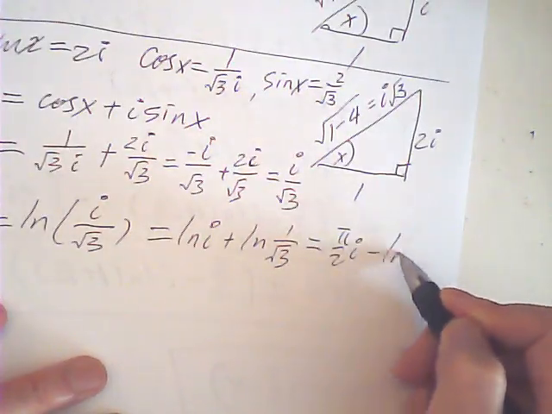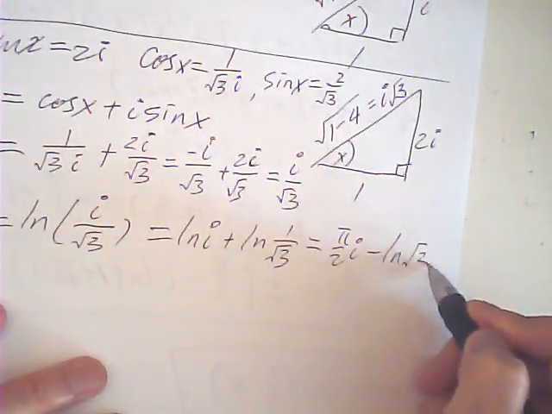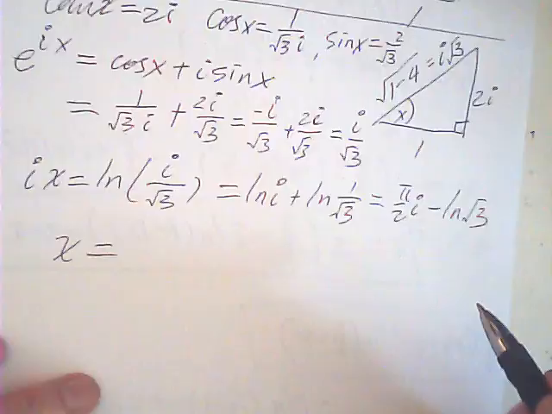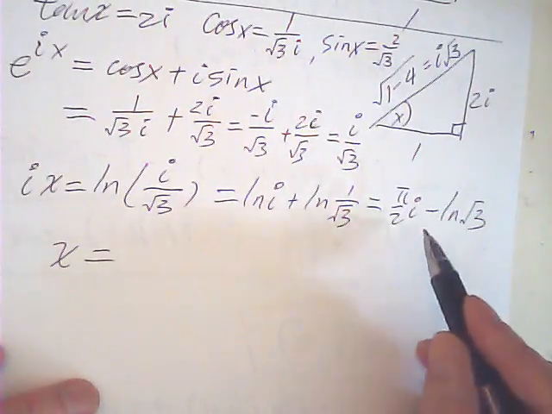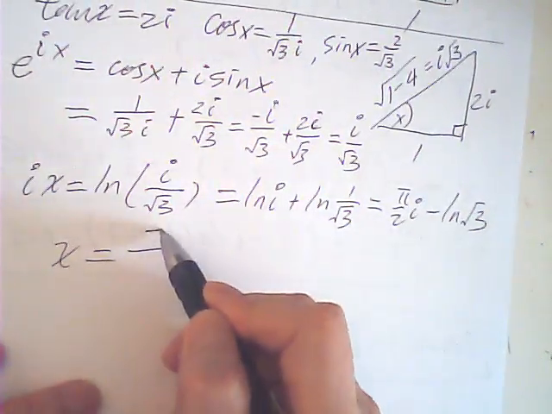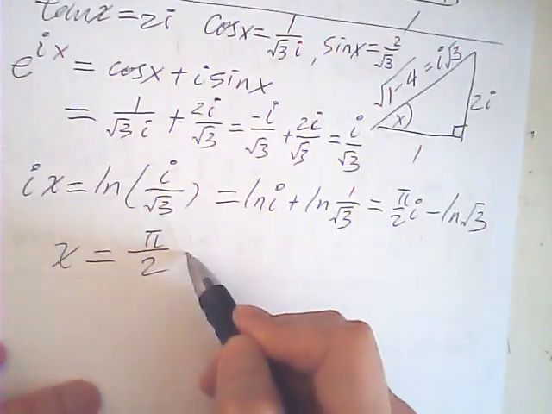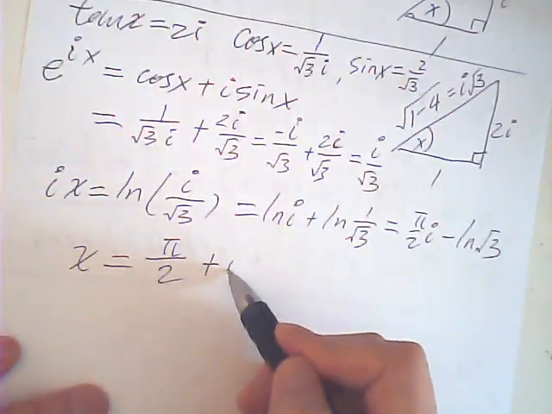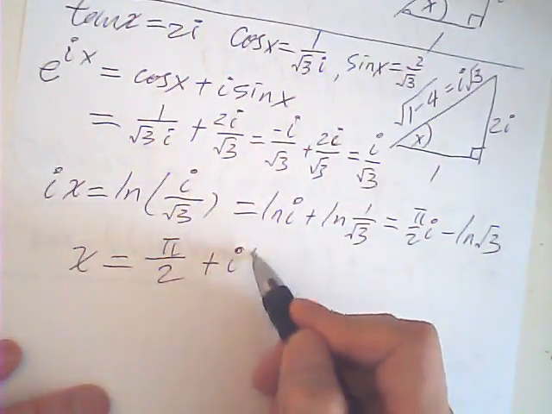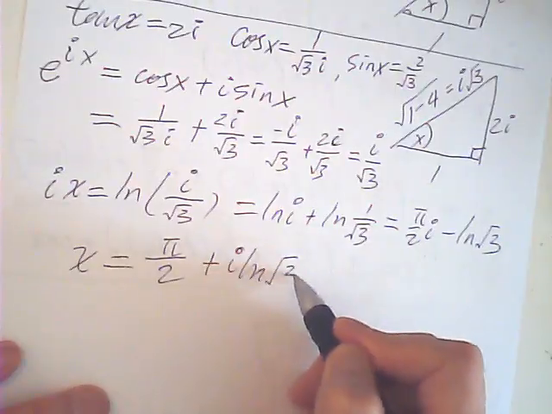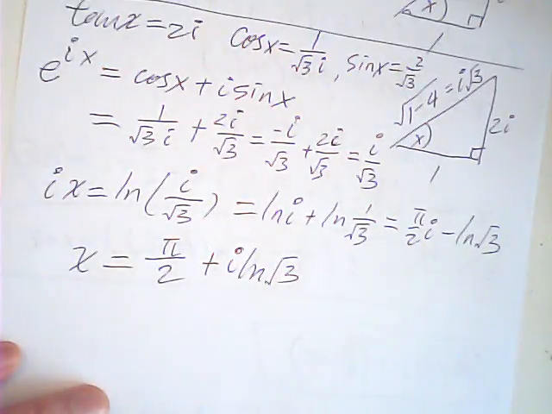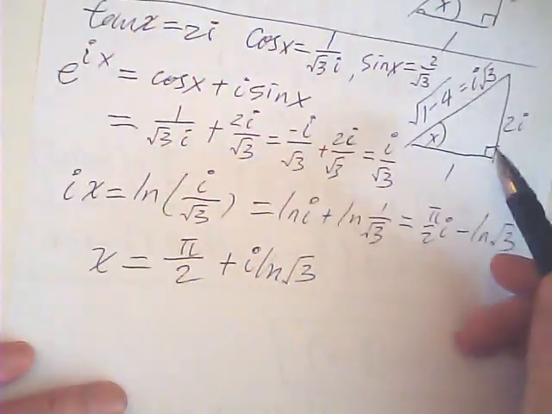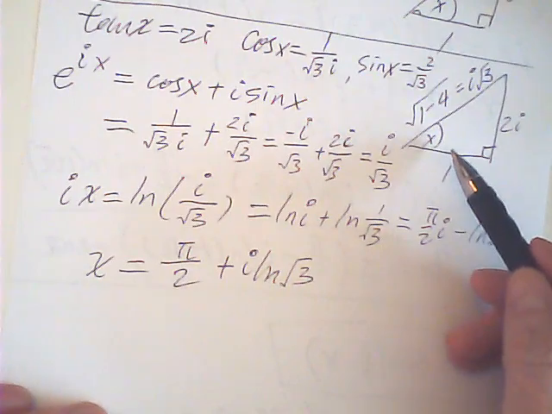Yeah, minus log root 3. So my x is equal to half pi minus 1 over i is positive i, right? Wow.